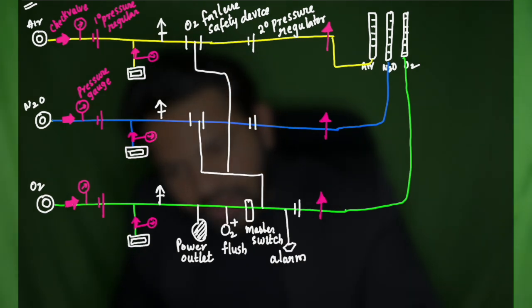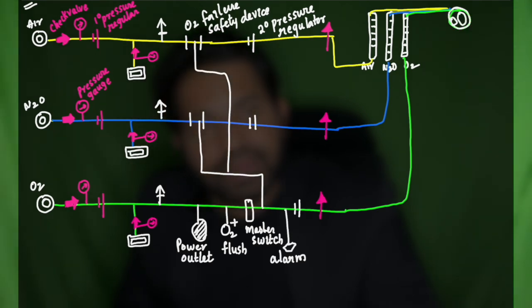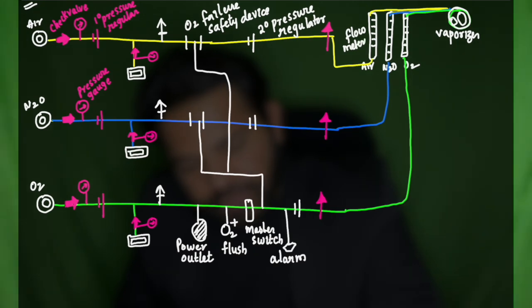From here, all the three gases will pass through a device which is known as a vaporizer. Now here we have a vaporizer. These are the flow meters. I hope this is clear.